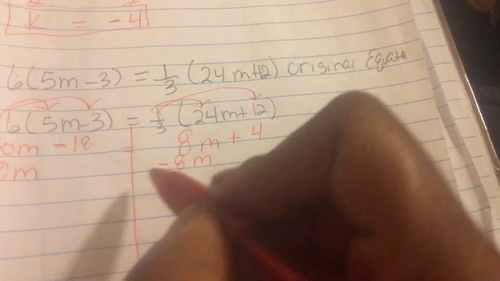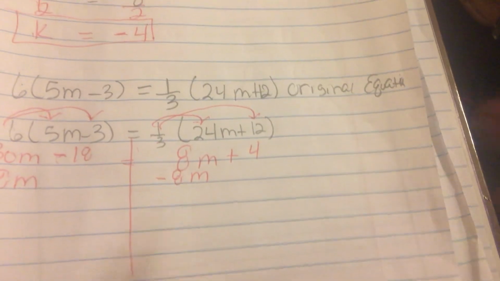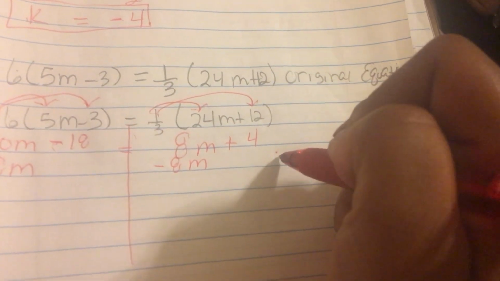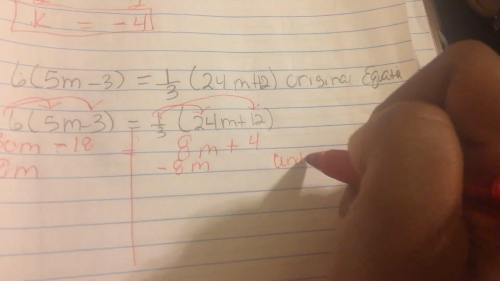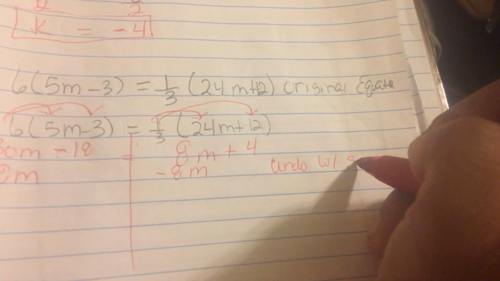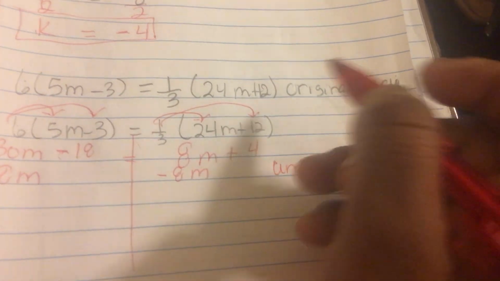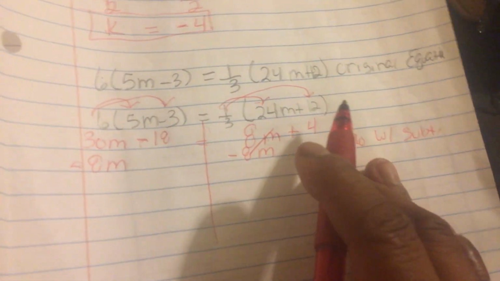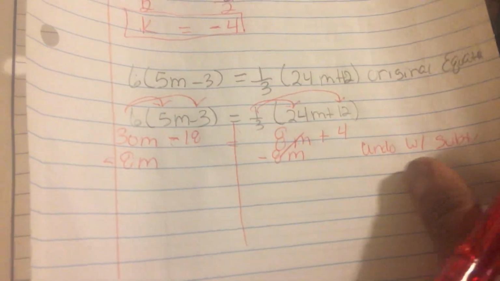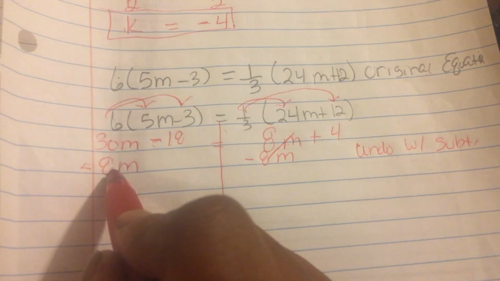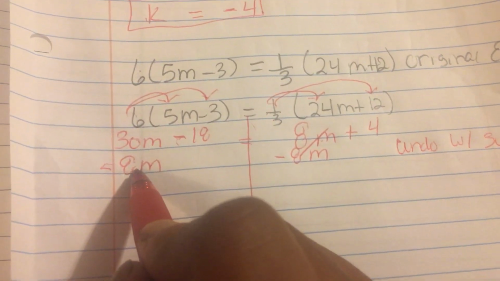Now we're going to undo this with subtraction, written out by your equation. You can abbreviate on this homework for me. All right, we want to show that the 8m's cancel out, and so let's go over to the left side. 30 minus 8, you want to calculate that.